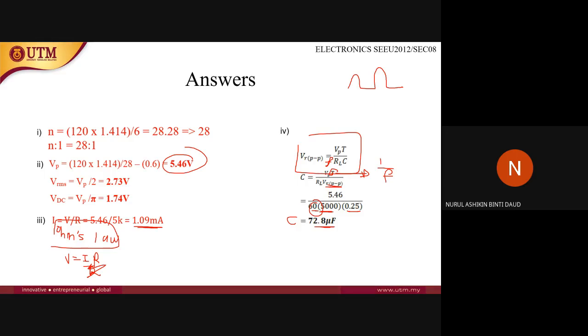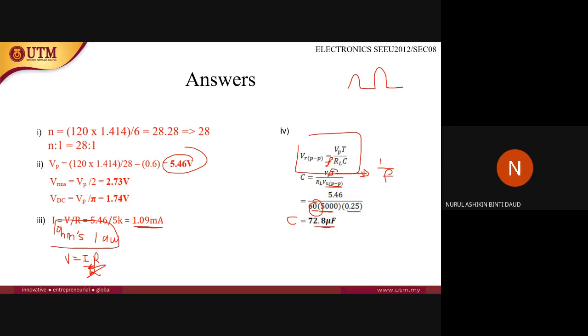We will learn this tomorrow. Full wave rectifier will come out during your final exam. Center tap will not come out. Bridge will come out during your final exam. So up until half wave rectifier and Zener diode will come out during your test.